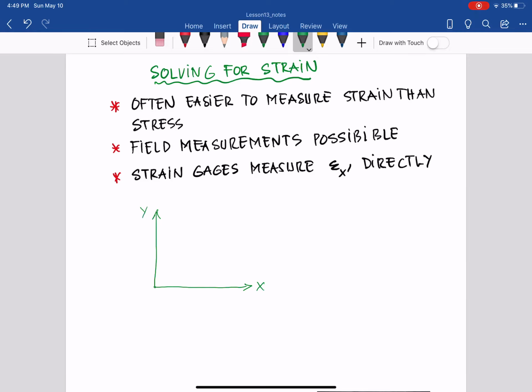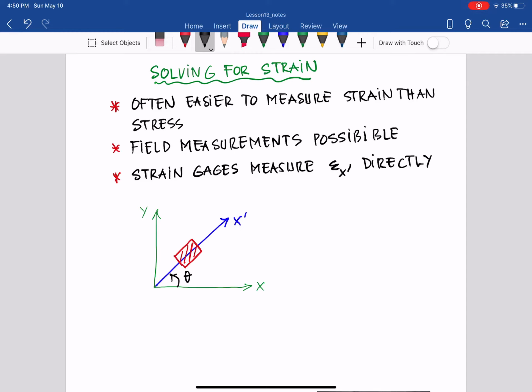Let's put it in XY, and in any axis, for example X apostrophe, we put a strain gauge along that axis that you show there. It forms an angle theta from the original axis X.